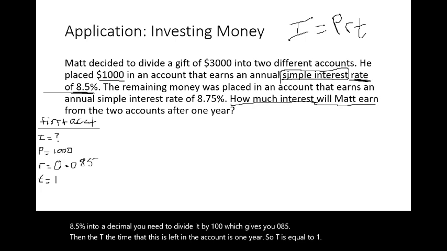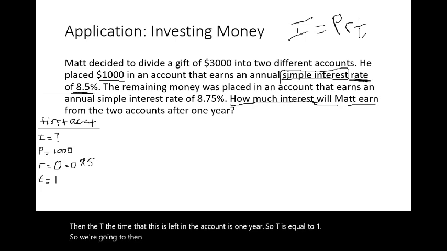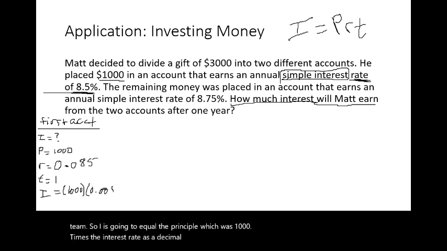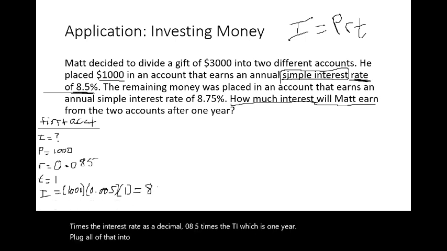So we're going to plug all of this into the simple interest formula, I equals P times R times T. So I is going to equal the principal, 1,000, times the interest rate as a decimal, 0.085, times the T, which is 1 year. Plug all of that into a calculator and you get an amount of interest of $85. So that is the amount of interest that the first account earns.